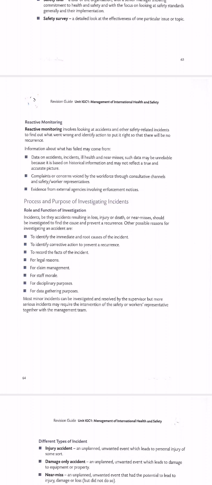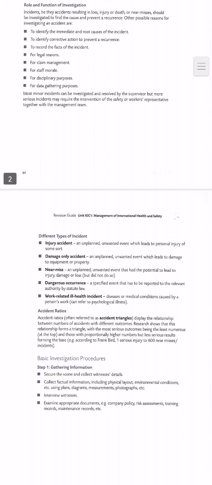Then most minor incidents can be investigated and resolved by the supervisor, but more serious incidents may require the intervention of the safety or the worker representative together with the management team. Different types of incidents.